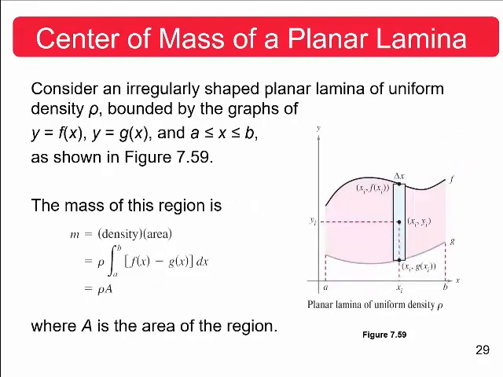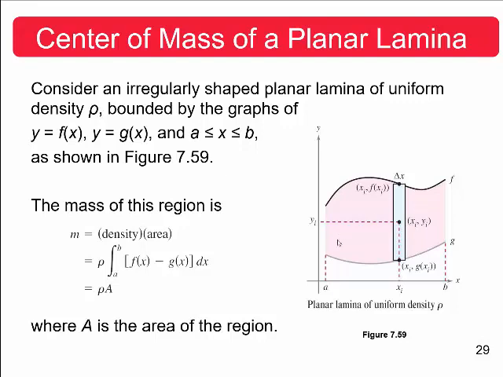So consider an irregularly shaped planar lamina of uniform density rho, bounded by the graphs y equals f of x up here and y equals g of x down here, somewhere between a and b. Then the mass of the region is equal to density times area.